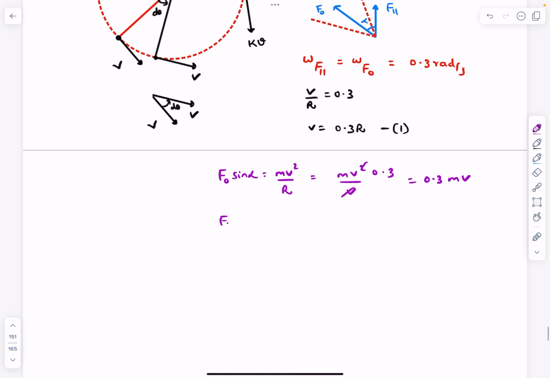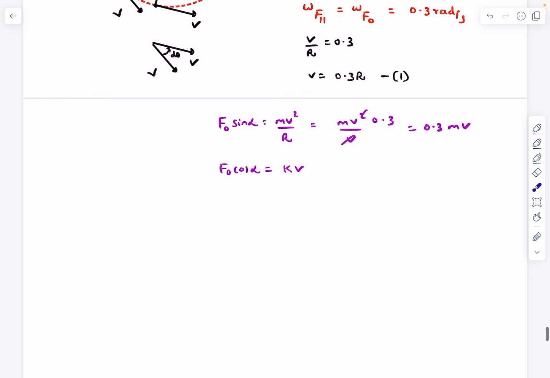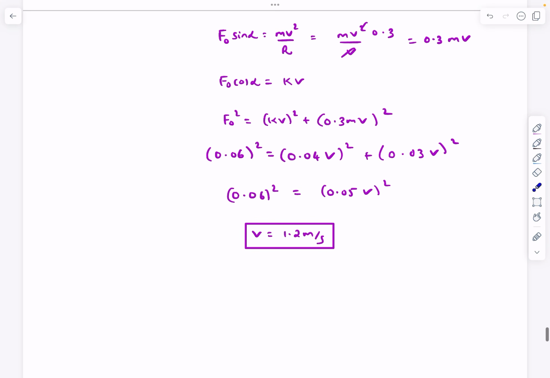So f naught cos alpha equals k times v. Now we'll just square and add these two terms because we don't care about sine alpha, right? So the LHS would become f naught squared, and the RHS is (kv) squared plus (0.3 mv) squared. Now it's just some simple algebra, and after that we get the velocity as 1.2 meters per second.